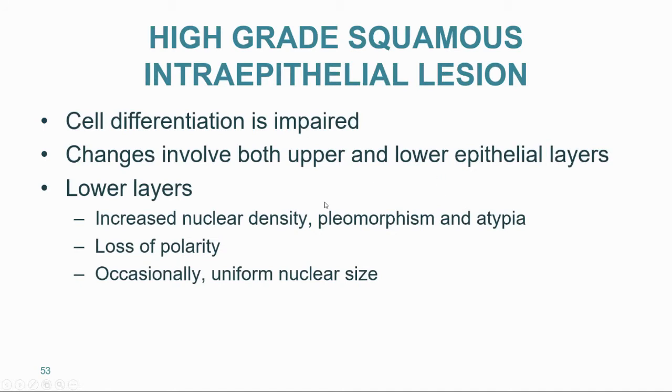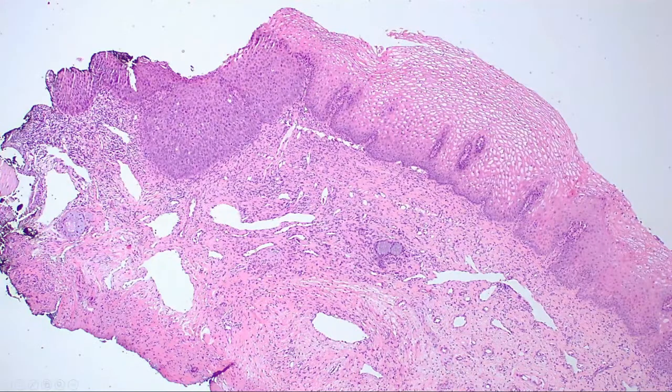Therefore, we're going to see changes in the morphology of the cells, not only as the cells mature, but also at the basal and parabasal cell layers. In the lower layers, we're going to see increased nuclear density, pleomorphism, and atypia, loss of polarity, and that's usually something that catches your eye at low power magnification.